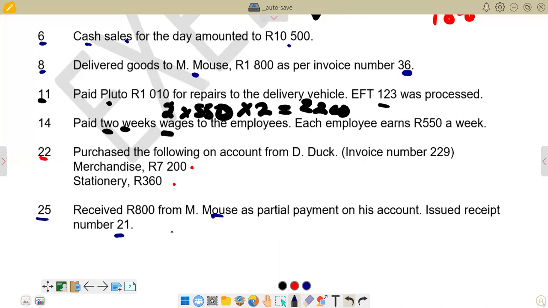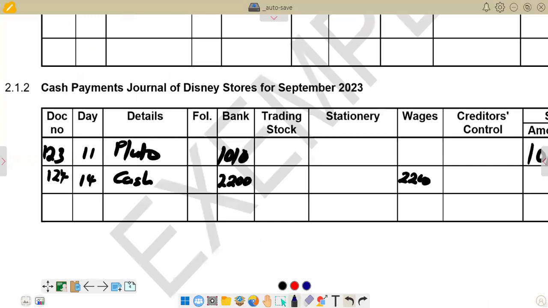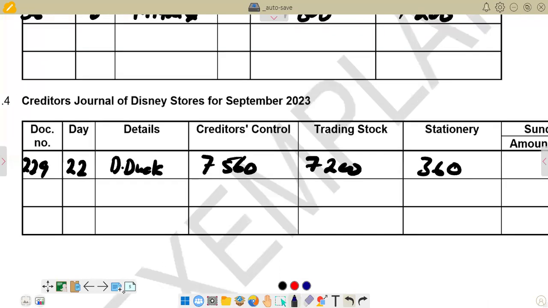We're just going to enter 800 in the analysis of receipts and bank, and then the other amount will be under the debtors' control. We have a column for debtors' control there. Remember, this is a debtor that is paying money. So we go back there. It's trying to enter it as such under the debtors' column. So come here, this is our answer section.